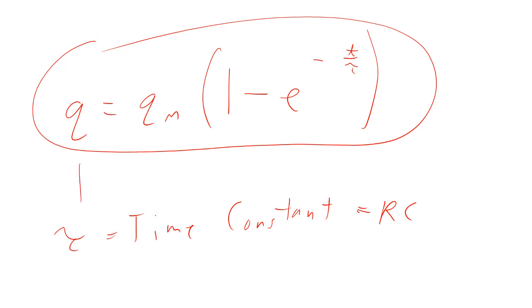Again, we can divide by the capacitance here to get the voltage. So it's pretty straightforward how you find this as you're charging the capacitor. This is analogous to the discharging that we had before in the previous example.